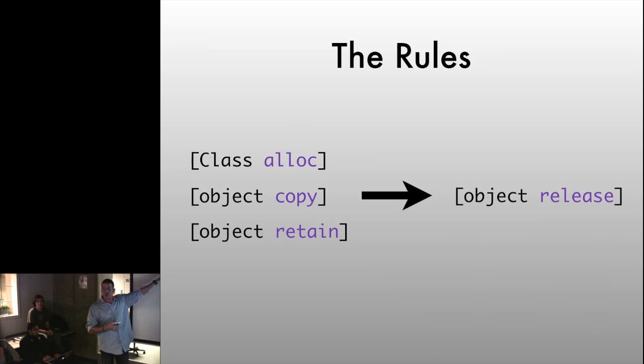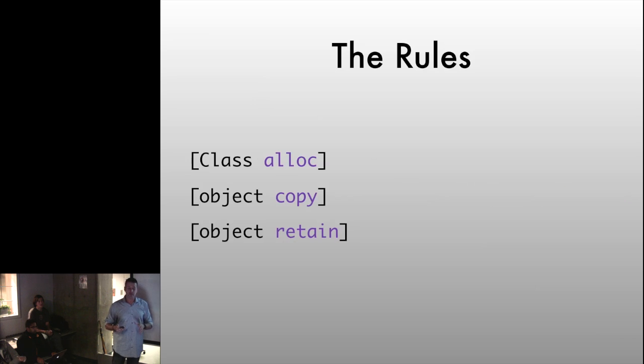Every alloc or copy or retain has to be balanced with a release, which makes sense, right? Because Cocoa doesn't actually free up memory until the reference count has gone to 0. So alloc, copy, retain always have to be paired up with a release.